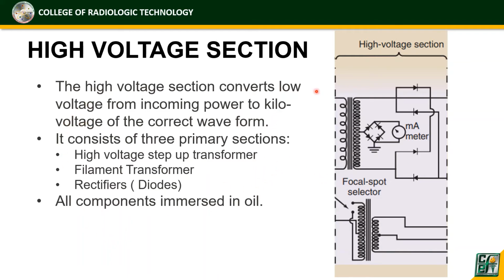Okay, so again, the high voltage section primary function is converting voltage to kilovoltage. Before I forget, kaya tinawag natin na low voltage dun sa operating console is because it is only 220 volts that are supplied in that circuit. Why? Because in order to protect the radiologic technologists from electrical shock.